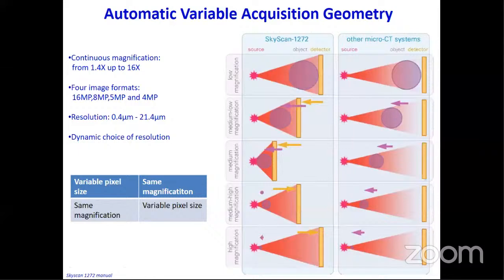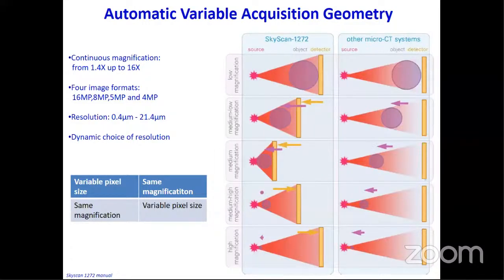In the scanner that we have here, this is achieved by dynamic means, wherein both the source and the detector can adjust to different positions in order to achieve magnifications from a low range, up to 1.4x, to a very high range, up to 16x.